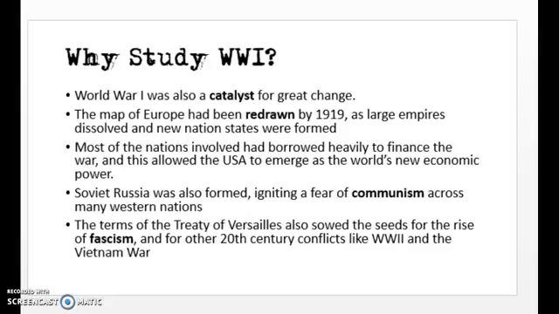Spoiler alert, someone like Adolf Hitler is able to come in afterwards and say, "Hey, I can make Germany a really great country again if you trust me." Okay? So because of how World War I ended, the events of it caused a lot of change. So World War I is a really important topic to study.